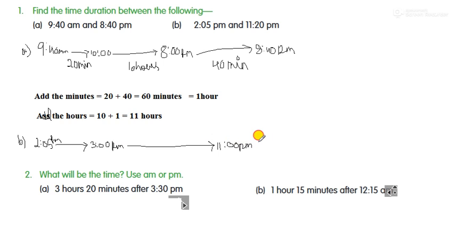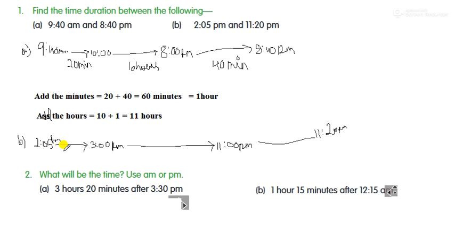Next 11 to 11:20 PM. So 2:05, 5 to 10, 15, 20, 25, 30, 35, 40, 45, 50, 55, 60.